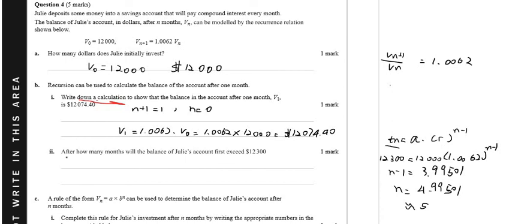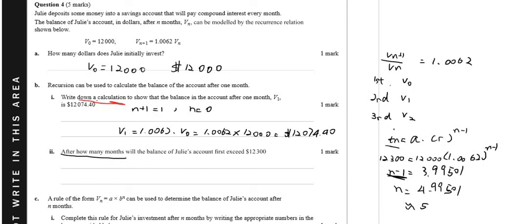But it asks after how many months, so it's actually asking us for n minus 1. Because our initial term is V0, that's my first term. After 1 month, that's my second term. After 2 months, it's my third term.